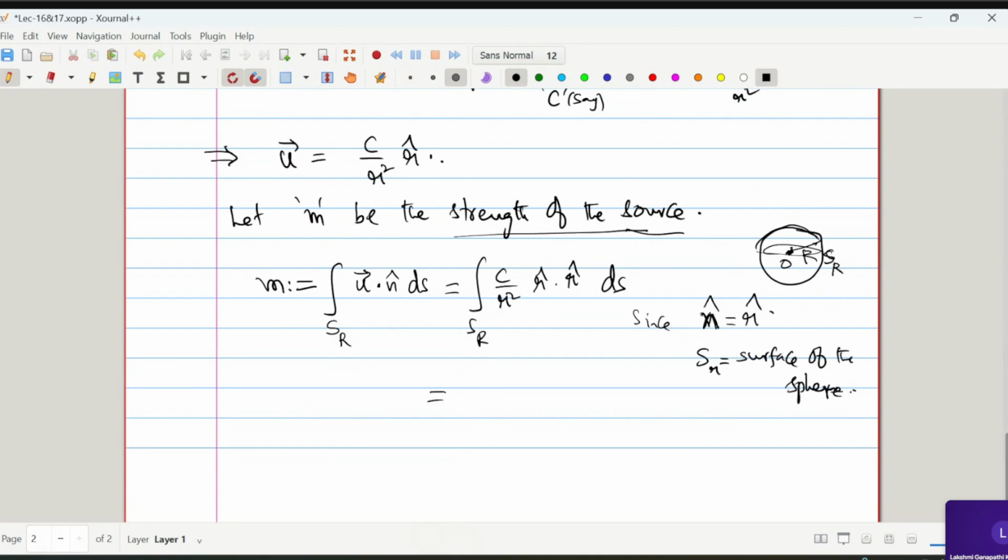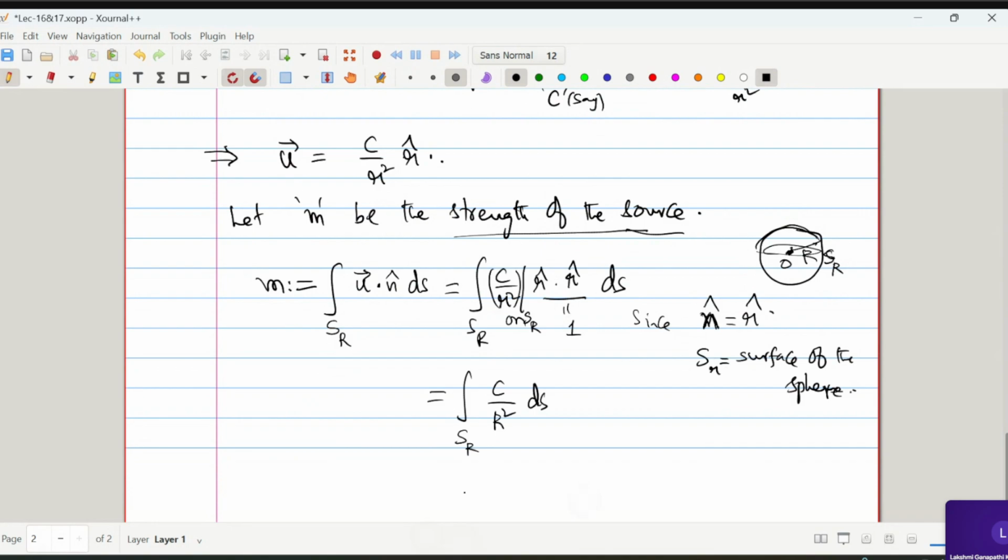R is anyway fixed, no? On this SR, r equal to capital R, right? So you are on SR, and this is C divided by capital R square. R is fixed for your sphere, so this is anyway 1.